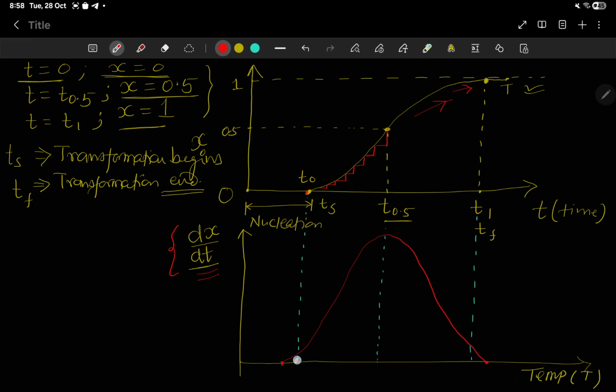For a particular temperature, this temperature is taken as Tm, the melting temperature, and before this region the temperature will decrease. So these two graphs are very important. Now let's move ahead.